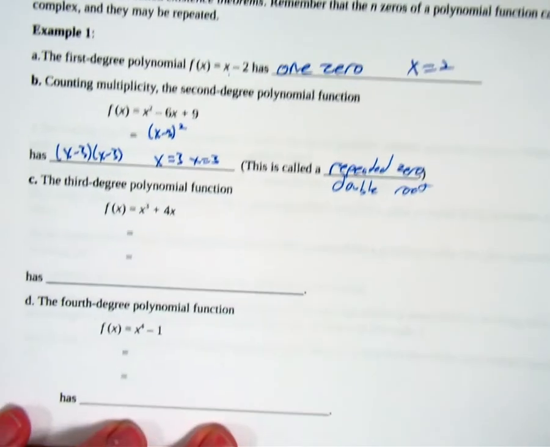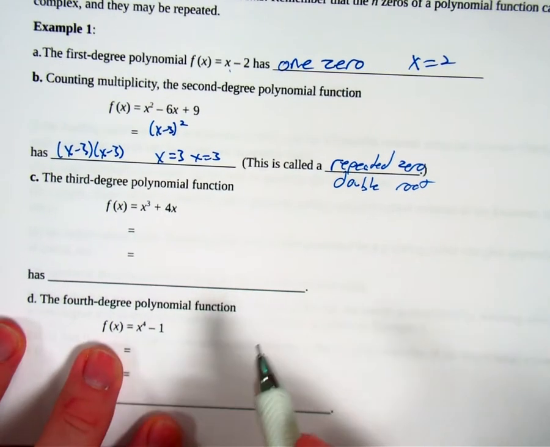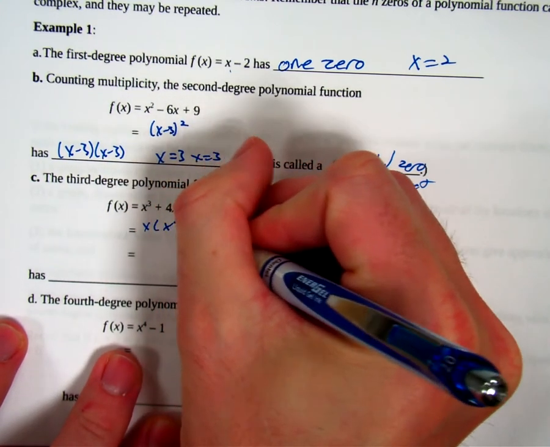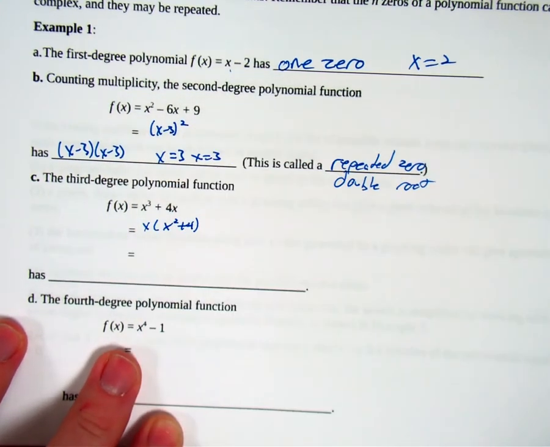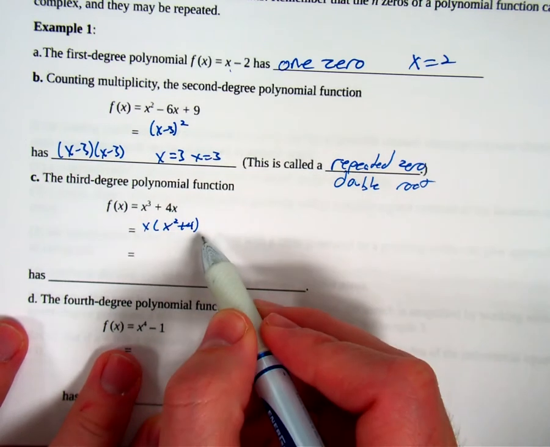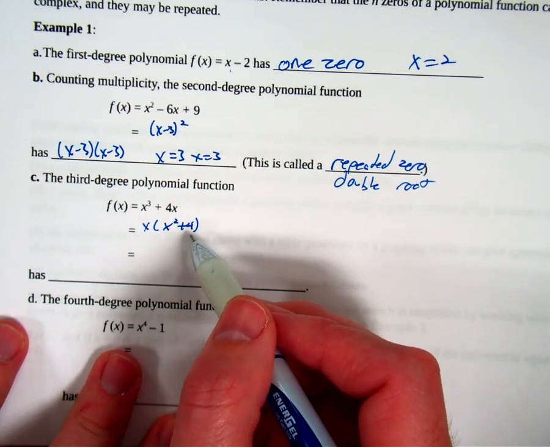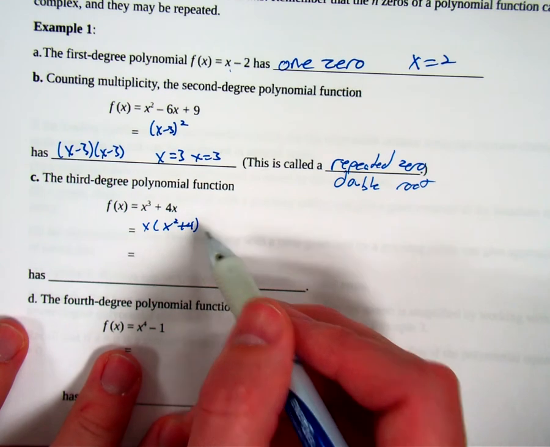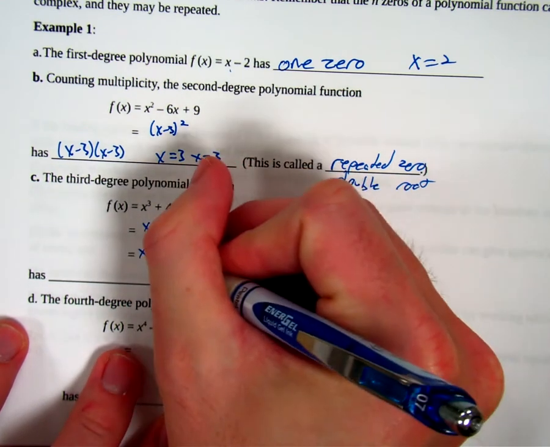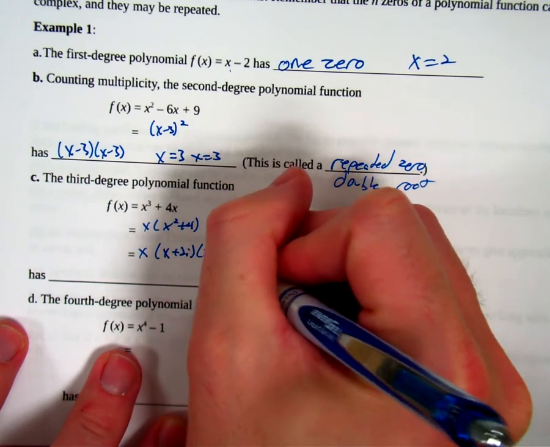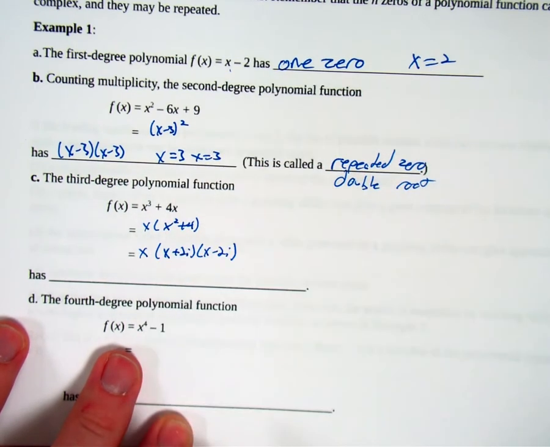Okay, we got a third degree polynomial. x to the third plus 4x. We can pull an x out in front. Okay, and x squared plus 4, it's not a difference of squares, so that's tough to do. So that would mean it's going to have imaginary roots, and that's going to be x plus 2i, x minus 2i.